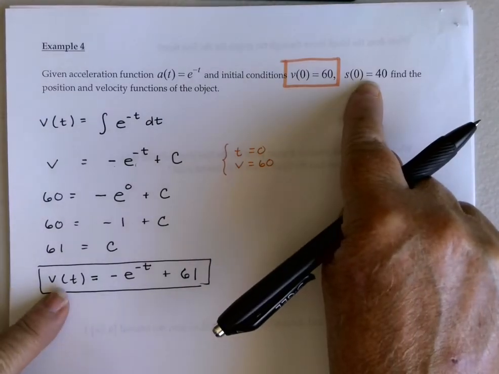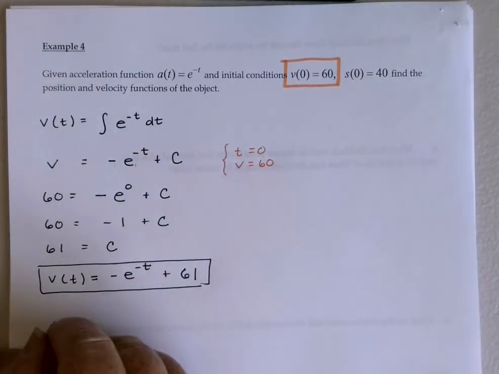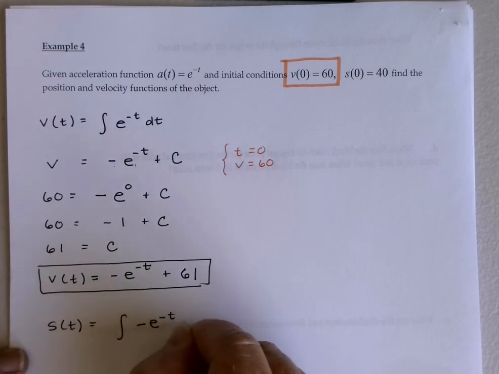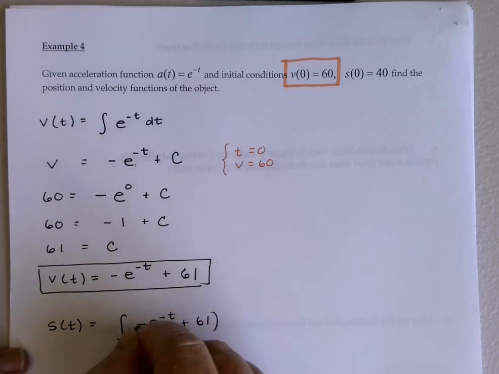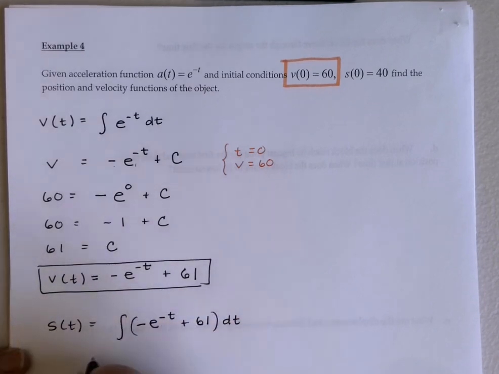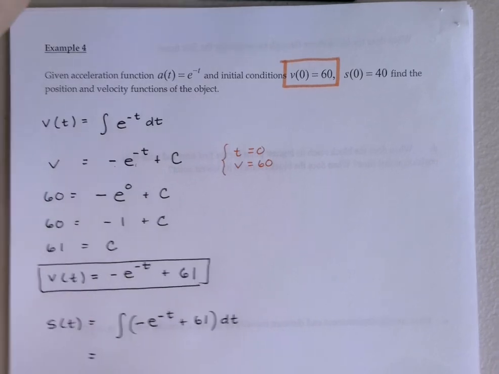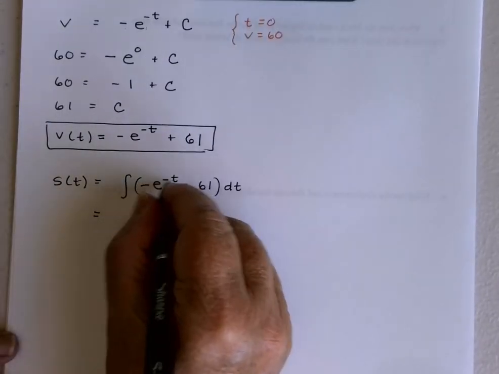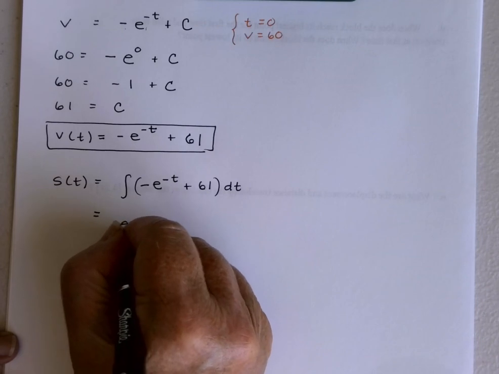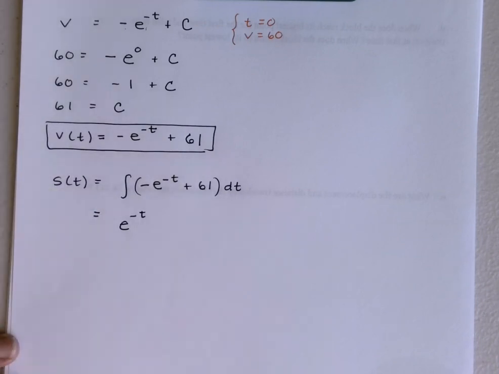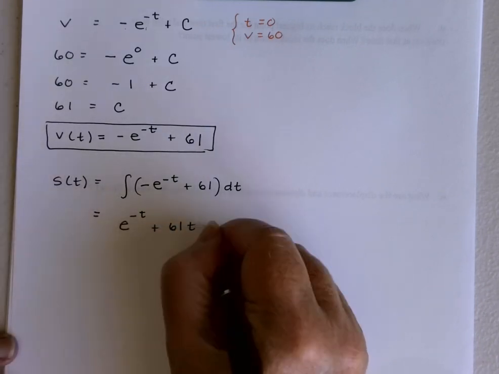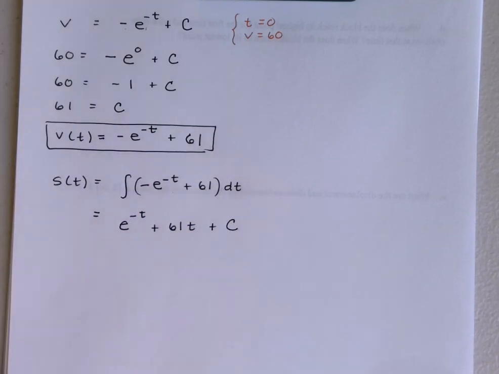Now that I know velocity, position will be the integral of the velocity function. And let's see, that's going to be a negative negative, so that'll turn back into a positive e to the minus t plus 61t. And again, plus a constant of integration.